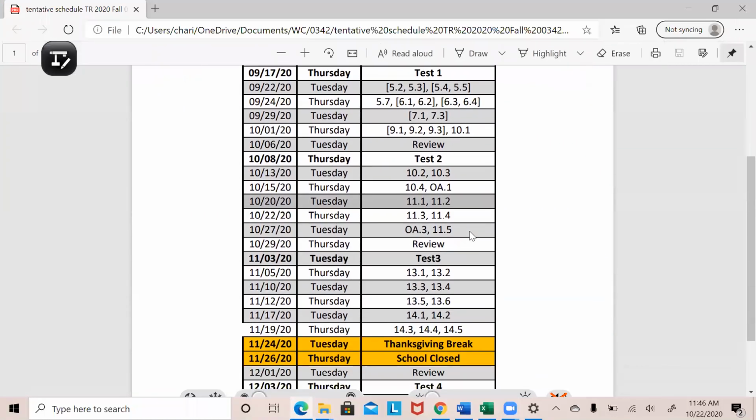So the 29th is the test for all of the Thursday people. And then the 3rd for the Tuesday people.